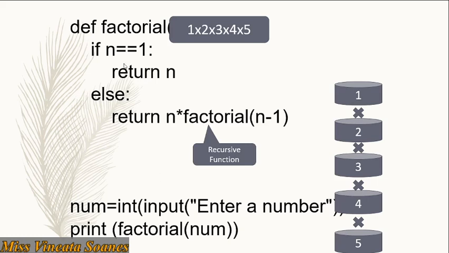The base case is this part, okay, where you're stopping the recursion. Otherwise it'll keep on calling factorial, keep on calling factorial, isn't it? But by putting this, if n is equal to 1, then return n, you're not calling the function anymore, straight away it comes out, okay, unlike this one. So that's why this part is your base case, okay.